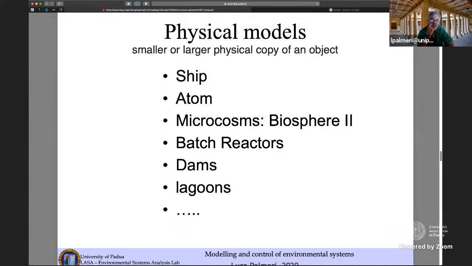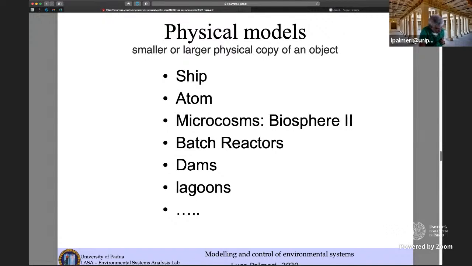In biology or in ecology, there are several ways of building these kinds of physical models. Probably the most diffuse is that of using batch reactors. Batch reactors are boxes, if you want, in which conditions are maintained constant.